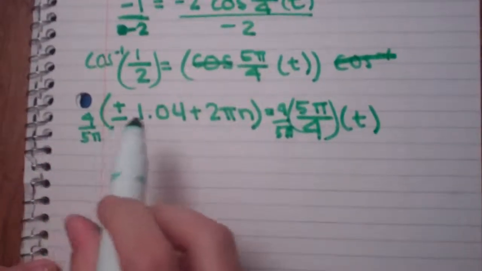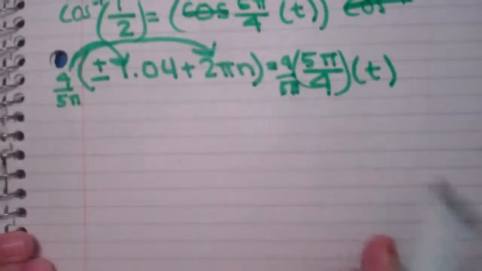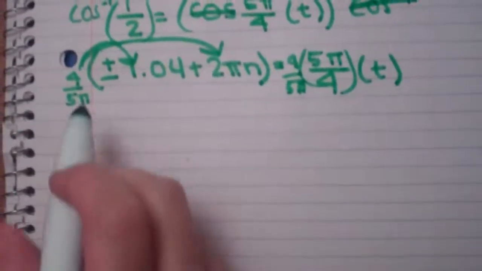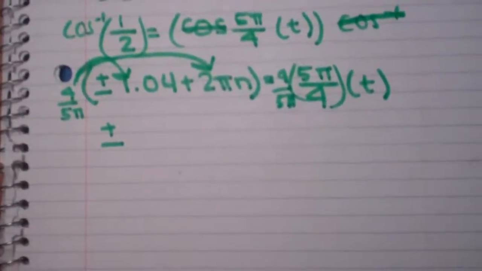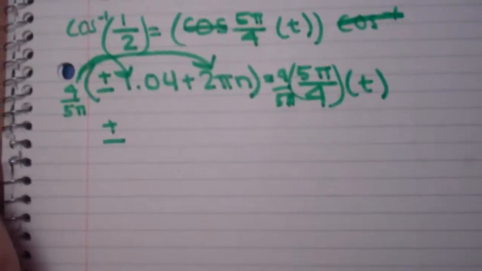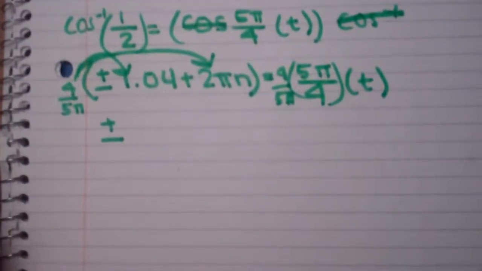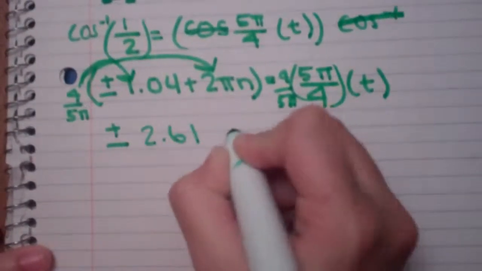So now we're going to use the distributive property. We're going to distribute here and here. So we carry down the plus or minus. We know that 4 divided by 5 times 1.04 gives us 2.61.